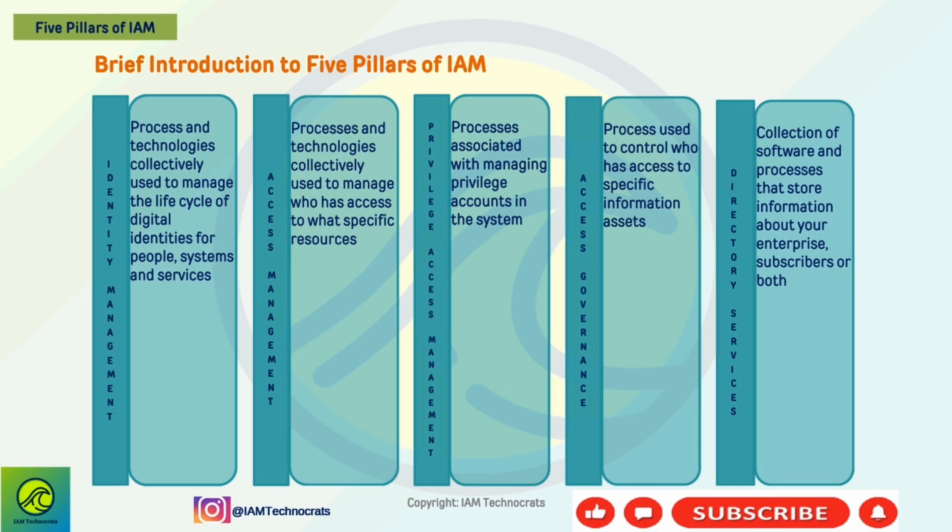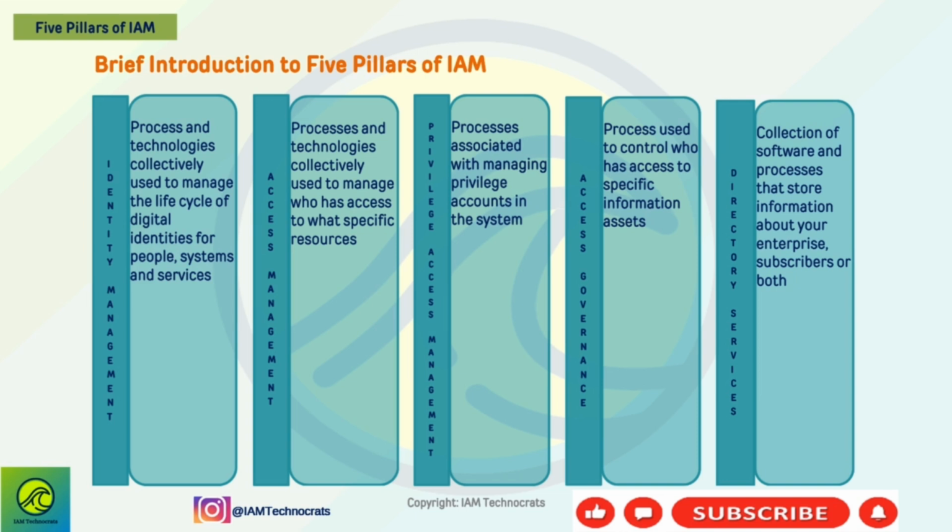Identity management is the process and technologies collectively used to manage the life cycle of digital identities for people, systems and services. Access management is the processes and technologies collectively used to manage who has access to what specific resources.